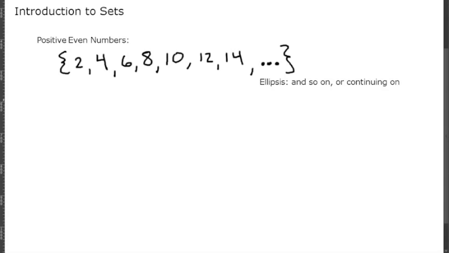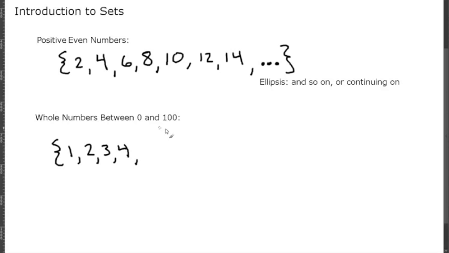Now if I asked you for whole numbers between 0 and 100, you would start with 1, 2, 3, 4. Now it's going to take me a while to reach 99 because that's the last whole number before we get to 100.